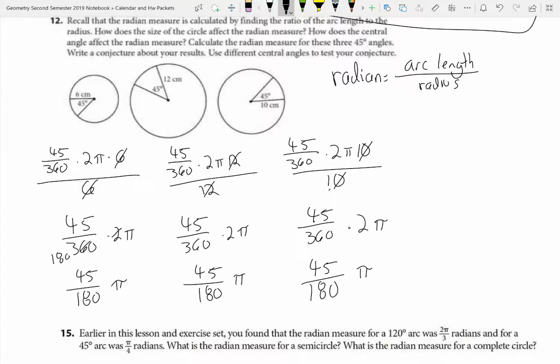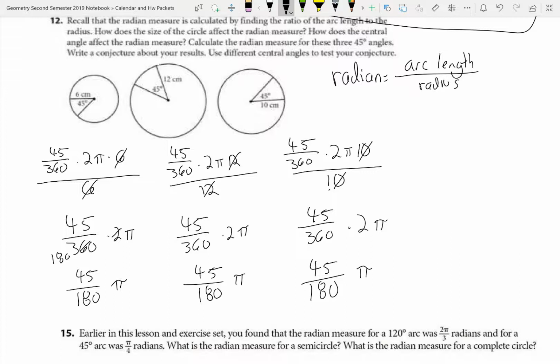Okay. Well, it looks like the radius doesn't change the radian measure. So no matter if the radius is 6, 12, or 10, you still get the same radian measure. I notice the central angle does affect it. So if the central angle were to change, these would change.